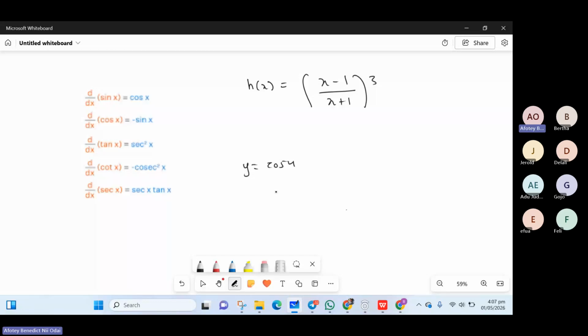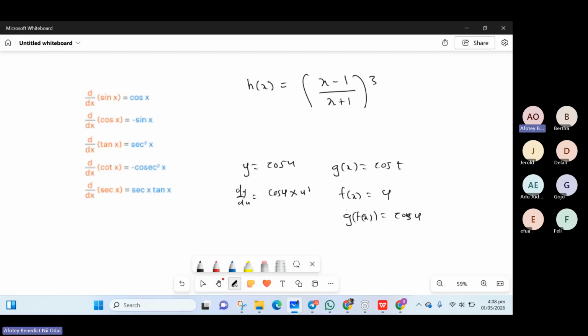So basically, we can rewrite this as g of x is equal to cos t, and f of x is equal to u. So g of f of x basically gives us the cos u, right? I want everyone to follow here. The way we solve this is basically dy on du is equal to cos u times u prime.